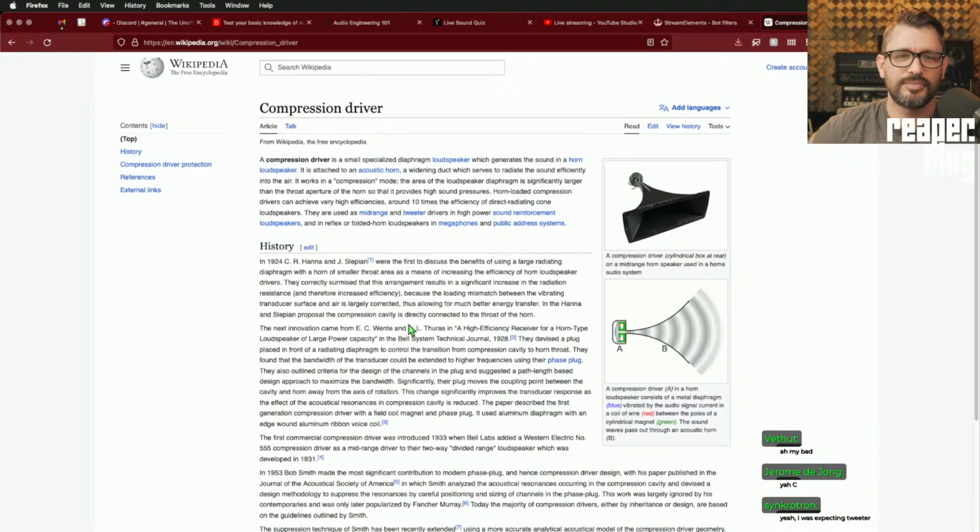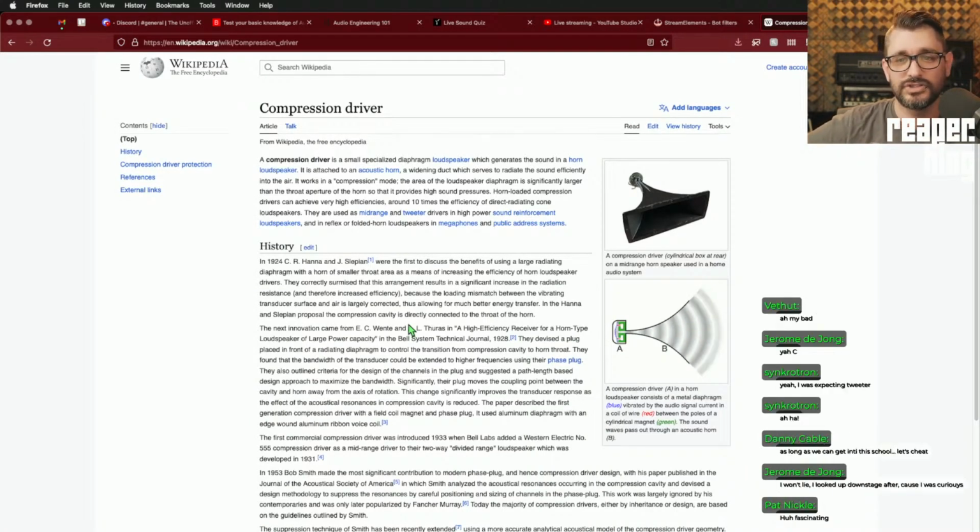Compression driver is a specialized diaphragm loudspeaker which generates the sound in a horn loudspeaker. It's attached to an acoustic horn, a widening duct that serves to radiate the sound efficiently into the air. It works in a compression mode. The area of the loudspeaker diaphragm is significantly larger than the throat aperture of the horn, so that it provides high sound pressures.